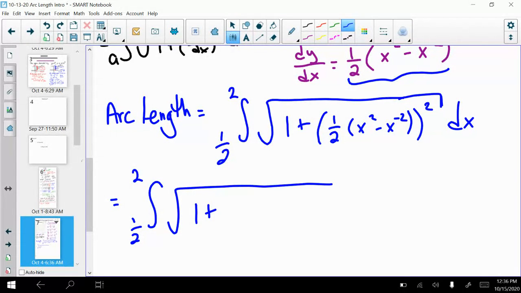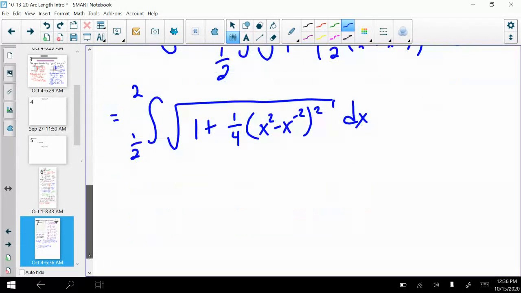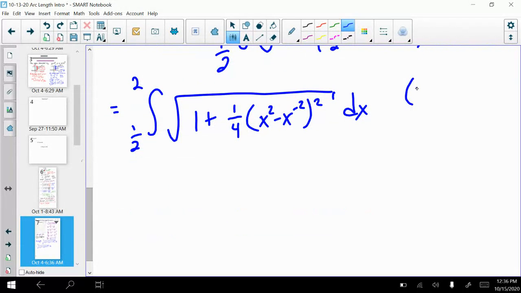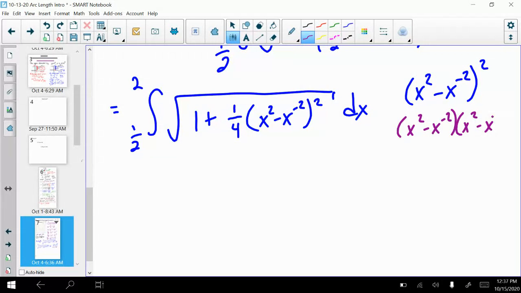So 1 plus, I'm going to square and square. So 1/4 times (x squared minus x to the negative 2) squared. I'm going to think of 1 as 4/4, and I'm also going to expand out (x squared minus x to the negative 2) squared. Now, I didn't do this very well on the homework, probably because I was tired last night when I made the solutions. But what I want to think about here is as I multiply, I get x to the 4th, right?